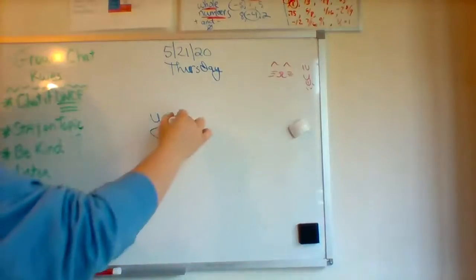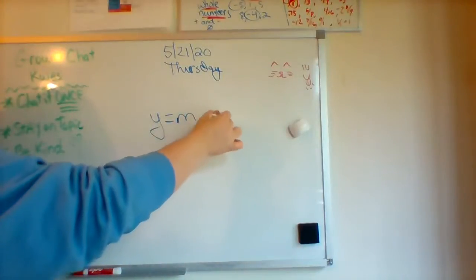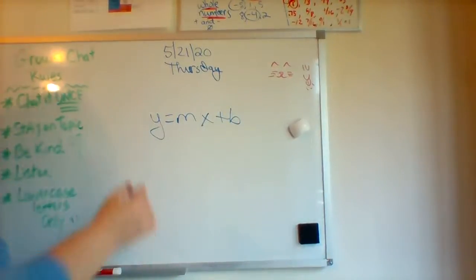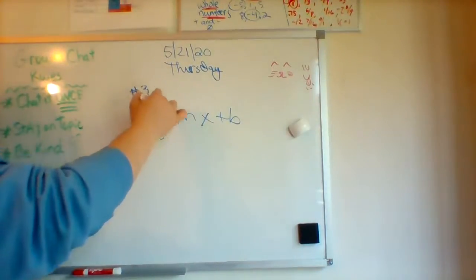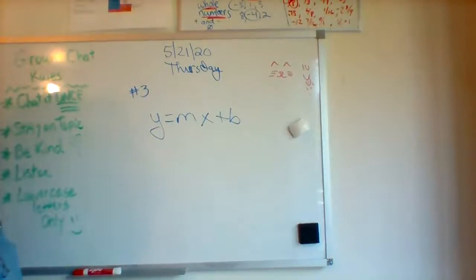Slope-intercept form looks like y equals mx plus b. So this is number 3, and it's what? Spiral review number 2, right?